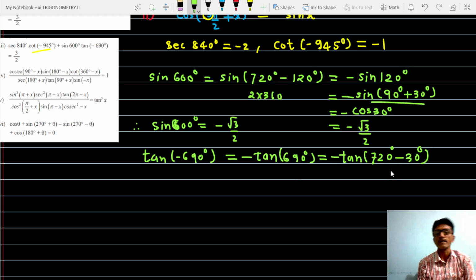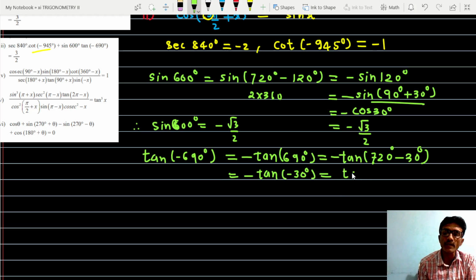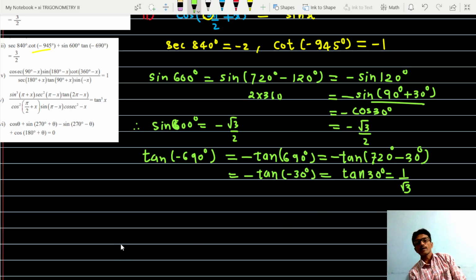It gives 690 degree. So this will be equal to minus tan of minus 30 degree, and tan of minus theta will be minus tan theta, so it will be plus tan of 30 degree, which is equal to 1 by root 3. This negative and this negative sign make it plus, so it is 1 by root 3.